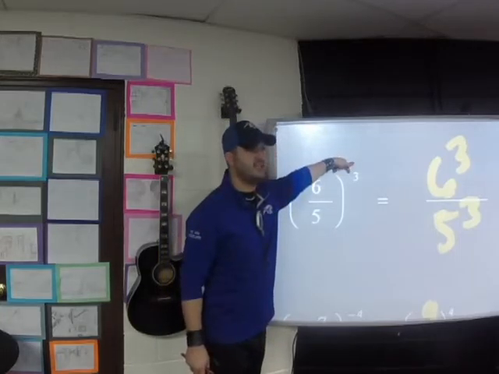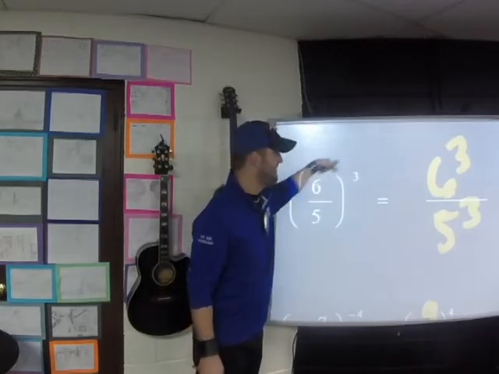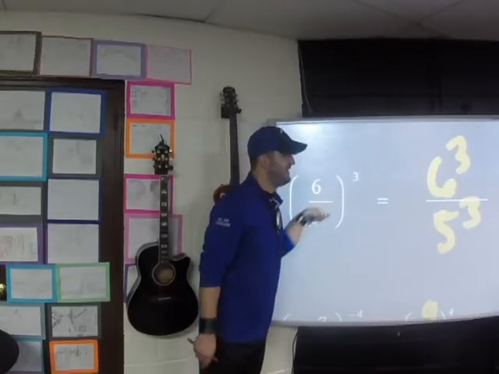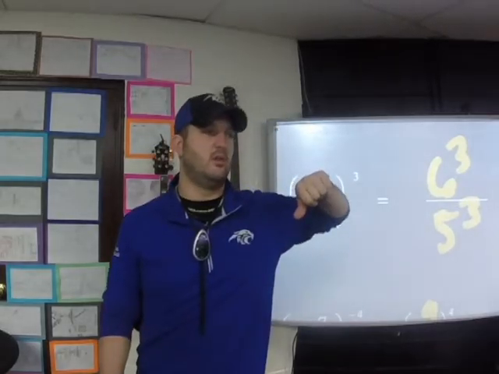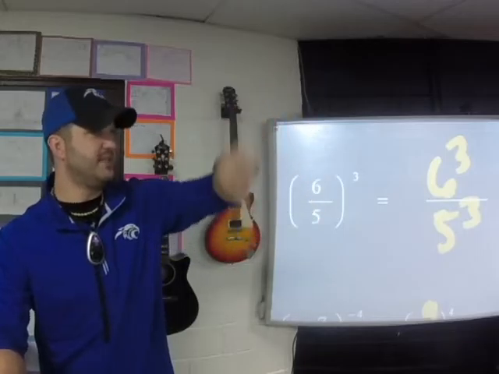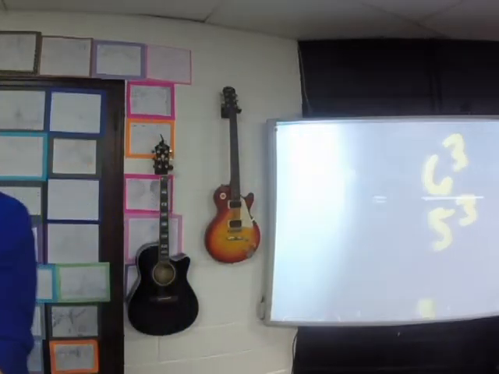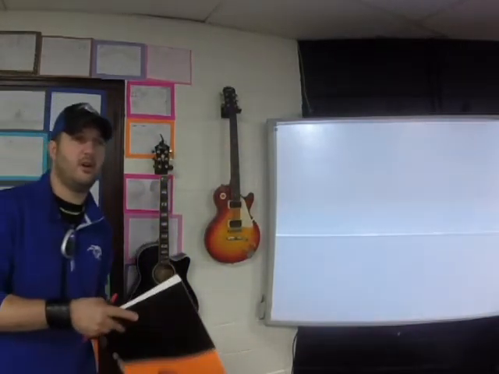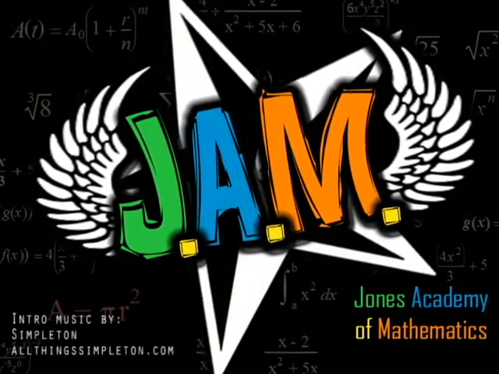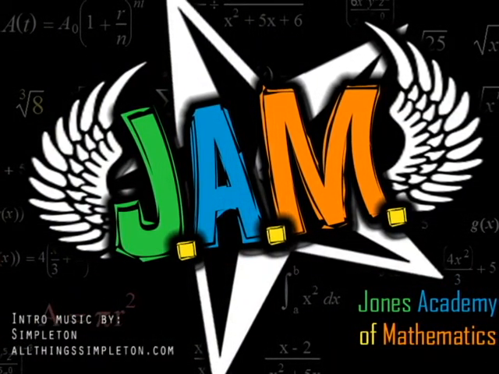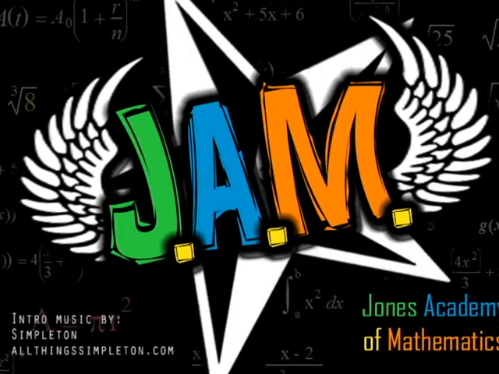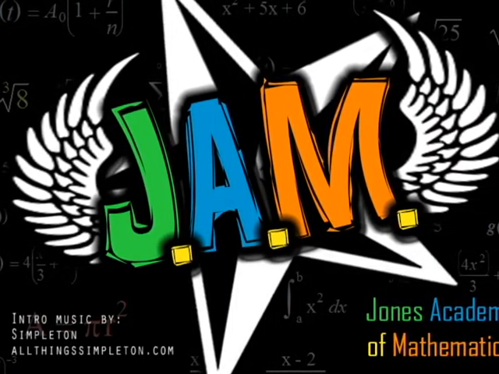Take the power and take it to the numerator and the denominator. What does a negative power do? Flips it. And then remember the last thing, if you have a negative number an even amount of times, it becomes positive. A negative number an odd amount of times stays negative. All right, that sums up the lesson.